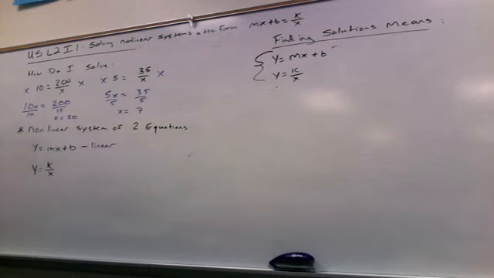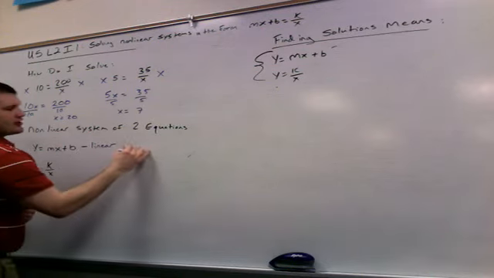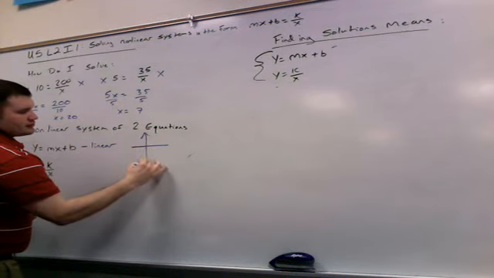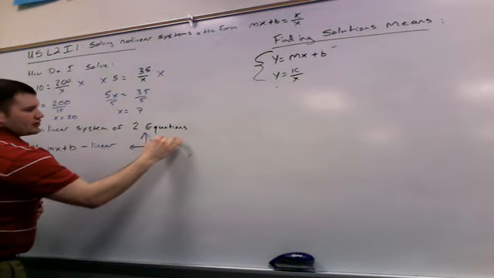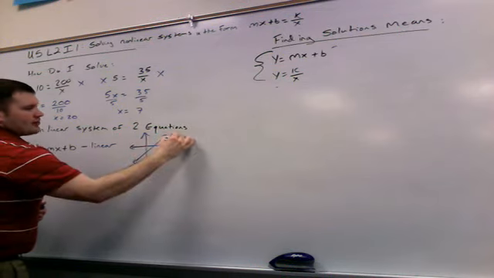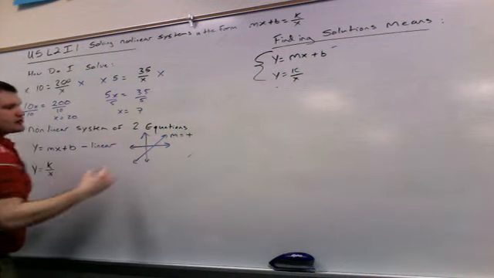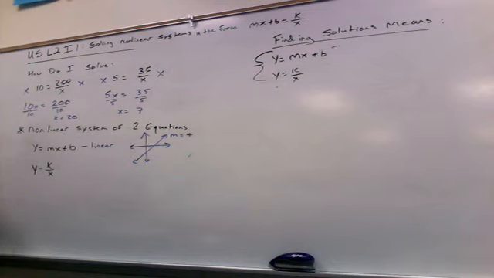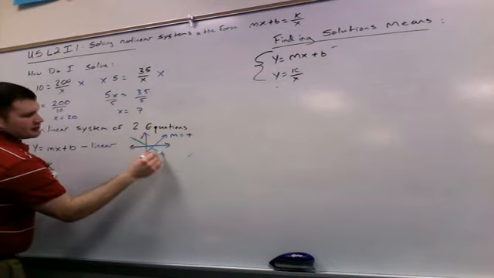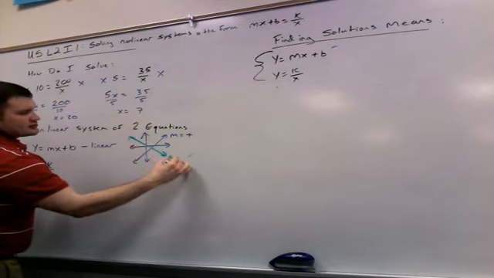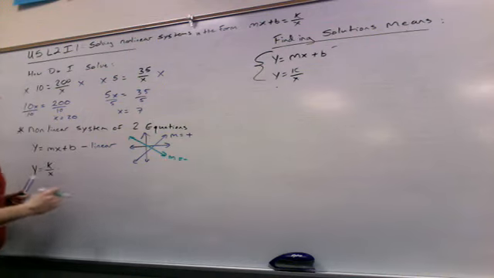If I graph this, what's it going to look like? It's going to look like a straight line, right? So it could look like that if m is positive, or slope is positive, or it could look like this if m is negative.